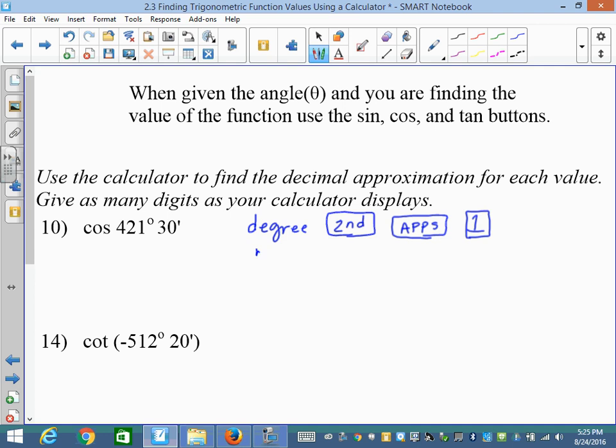For minute, it is second, apps, and it's your second button. Or you can change this into a decimal value, it doesn't matter.